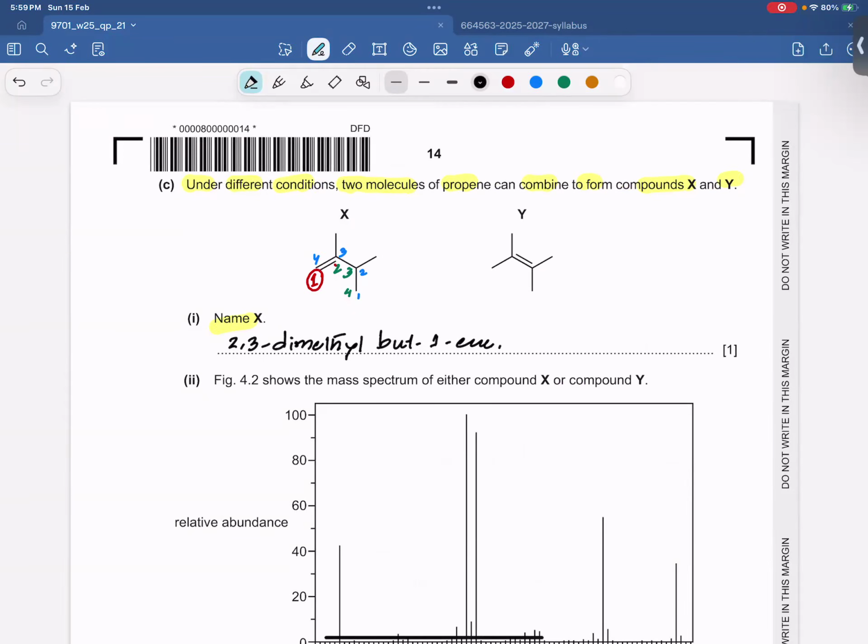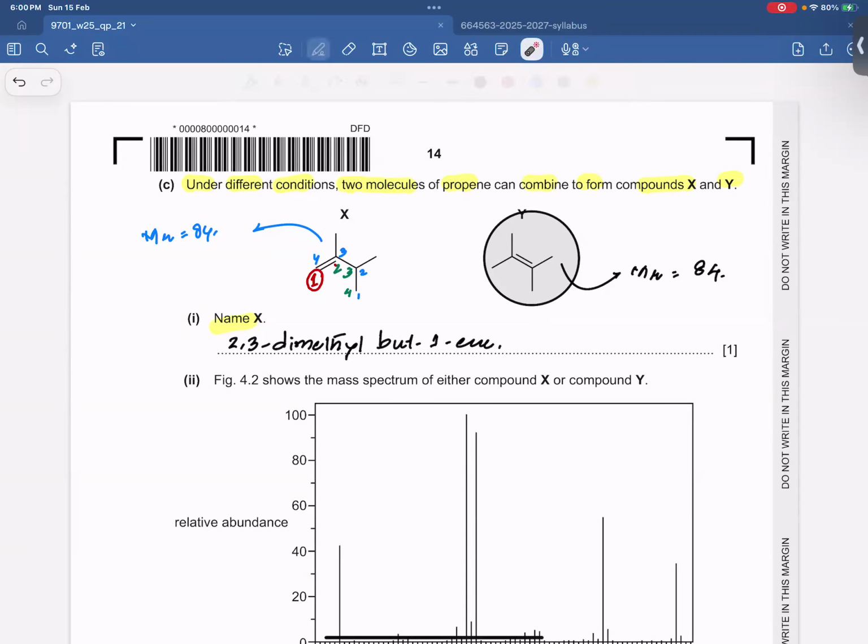Guys, can we take out the M out of this compound? Let me check. 15 times 4 plus 24. It's 84. And the Mr of this compound is also, I believe, 84. Which means the molecular ion peak appears at mass 84.